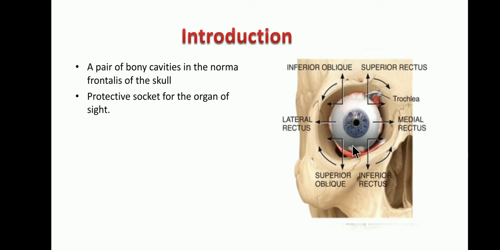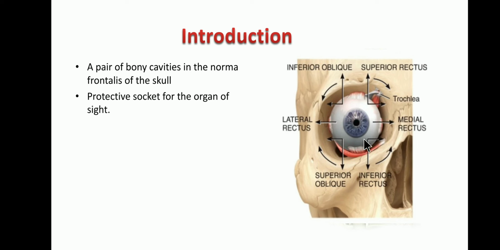Then inside this cavity, apart from the eyeball, you also have muscles which help to move the eyeball. These are attached to the outer aspect of the eyeball. Then you have vessels and nerves supplying these muscles as well as the eyeball itself.